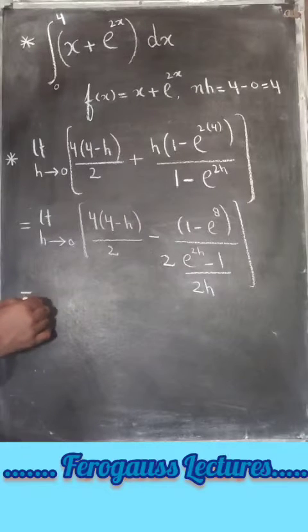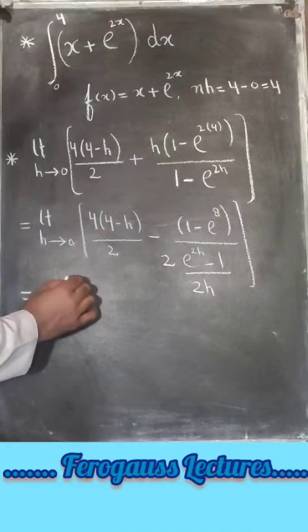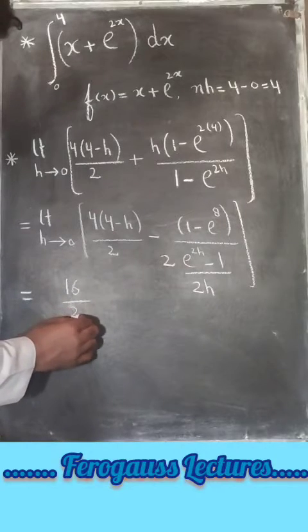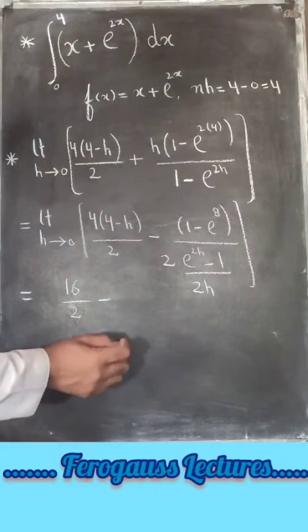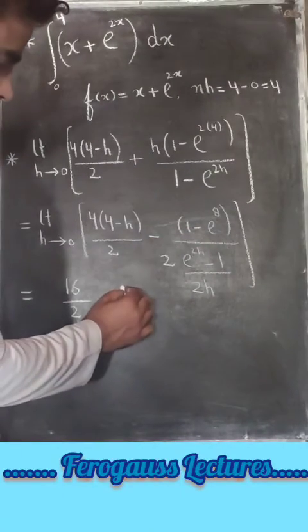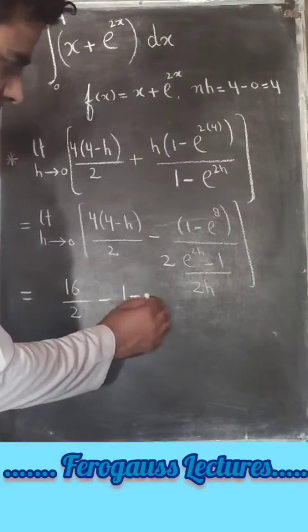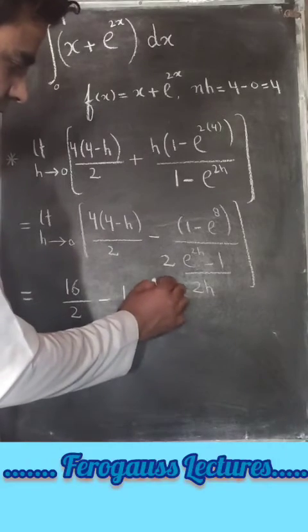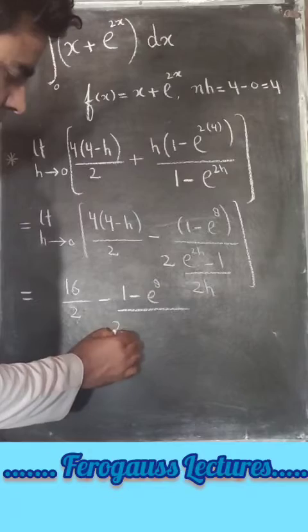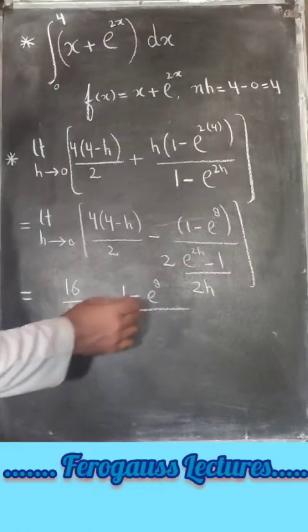We get 4 into 4, that is 16, divided by 2, minus 1 minus e raised power 8, then we have 2, this is free of h.